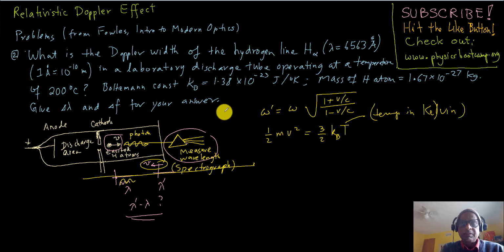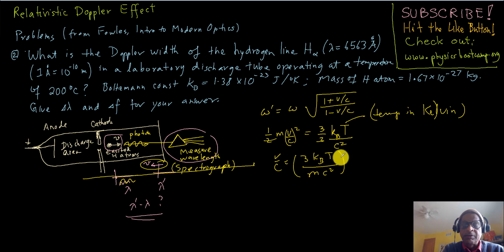So from there, and with all this given, you can get v. So if you want to get v over c, this will be c squared, and so v over c will be, half cancels out, 3 k_B T over m c squared.